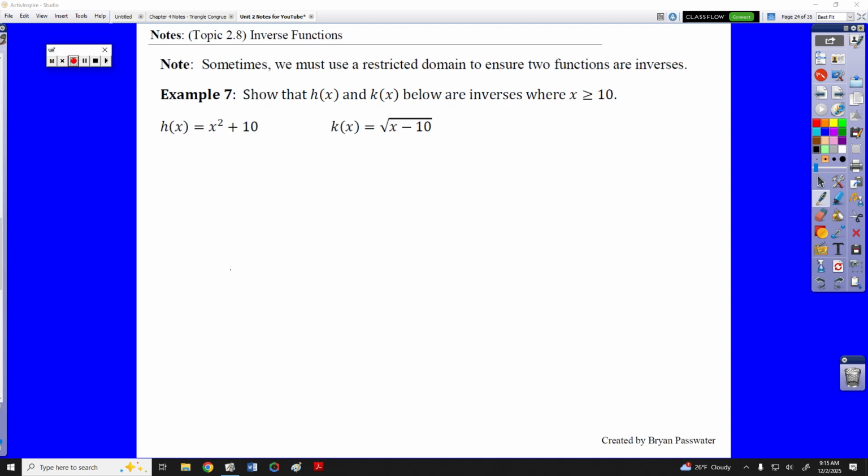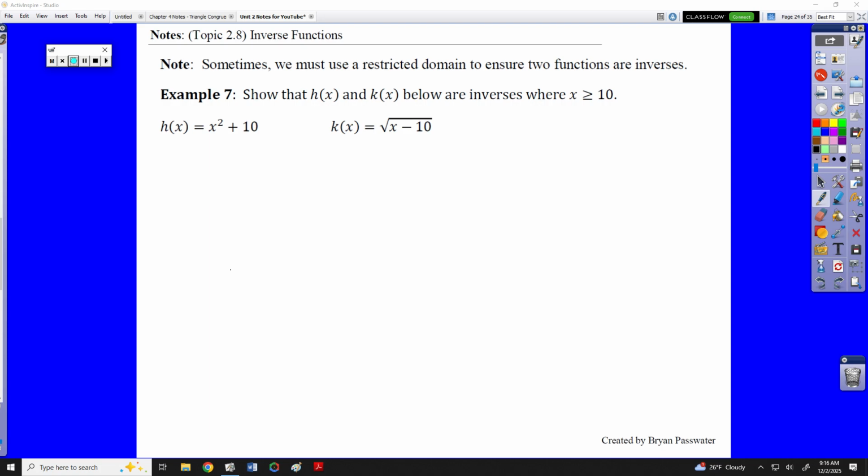And the reason that we have to use a restricted domain is so that both the function and its inverse are in fact functions. So when we look at this function, h of x is a parabola. Well, parabolas open up or open down, and those curves do not pass the horizontal line test.